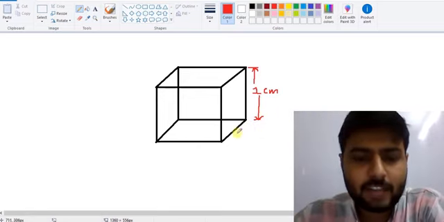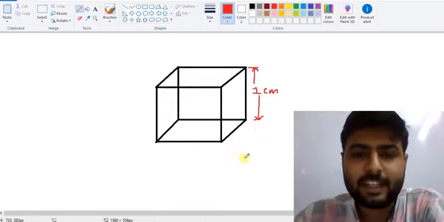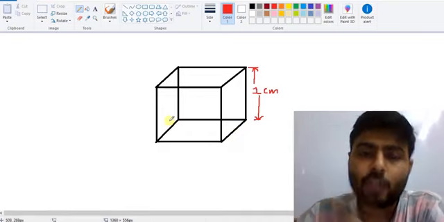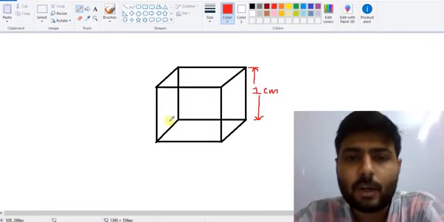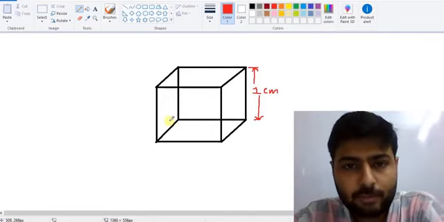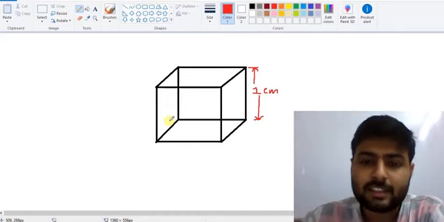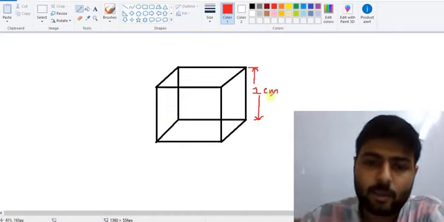If all these lengths are 1 centimeter, we can say that the volume of this cube is 1 centimeter cube, because the formula for volume of a cube is side cube, that is side into side into side.